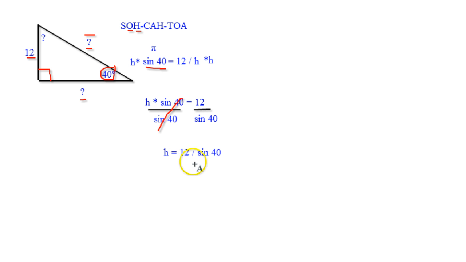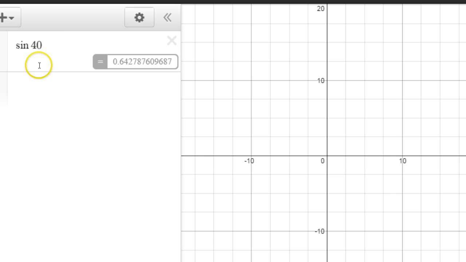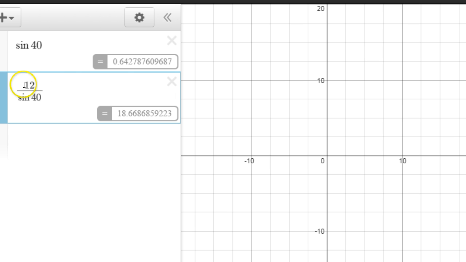Now that's going to look really scary because I'm dividing by an actual word, but remember, the sine of 40 is just a ratio of two sides. So let me show you how to put it in a calculator. I'm going to get rid of cosine and tangent for a second. We'll just focus on the sine of 40. What I'm technically doing is 12 divided by sine of 40, 12 divided by this decimal.